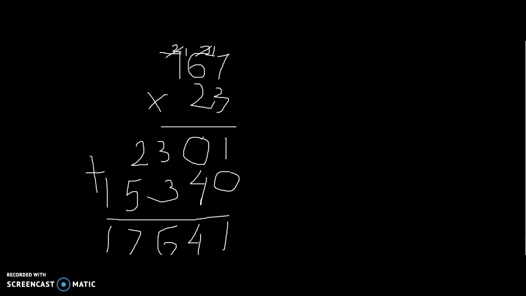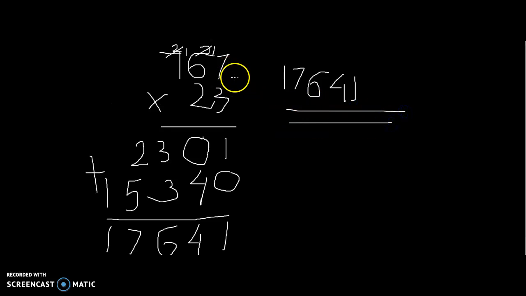So the answer of 767 times by 23 equals 17,641. So this is the answer for this sum.